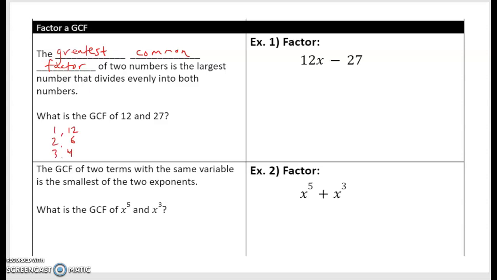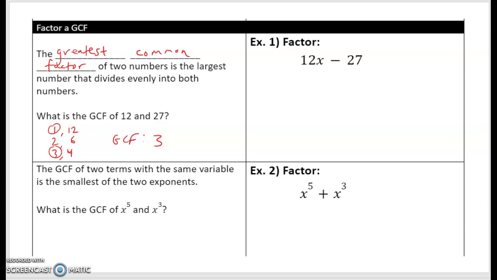Those all go into 12. What numbers go into 27 on this list? 1 does, 12 does not, 2 does not, 6 does not, 3 does, 4 does not. So between 1 and 3, the largest one is 3. Our GCF between 12 and 27 is 3.